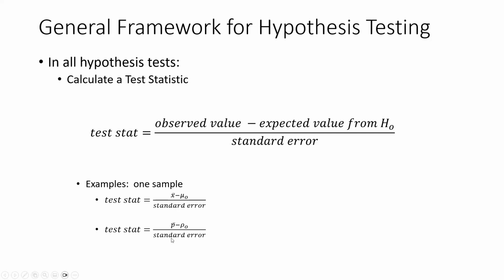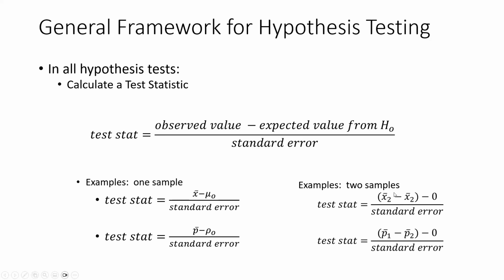When it's a proportion, you may remember from your 210 course, you're going to get the sample proportion, and you want to subtract off the row naught. So this again comes from the null hypothesis from that same location. This is where the number comes from every time. That's why I put up here expected value from the null hypothesis, divided by the standard error.